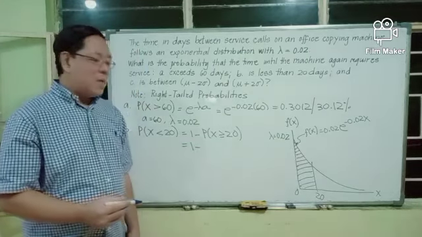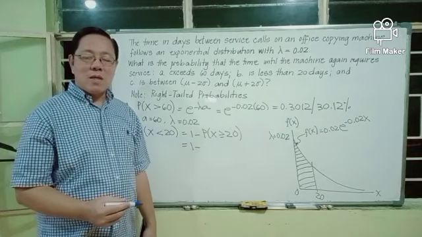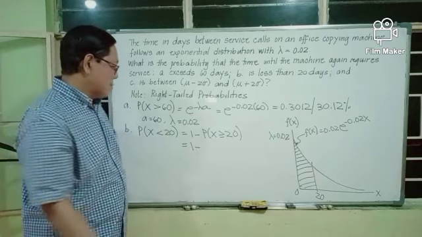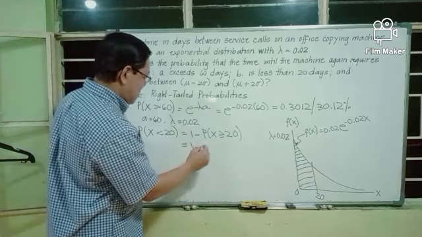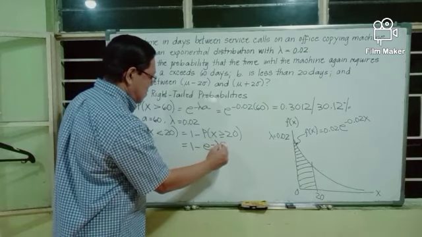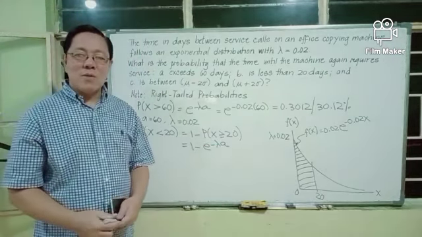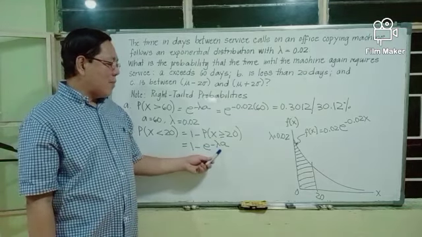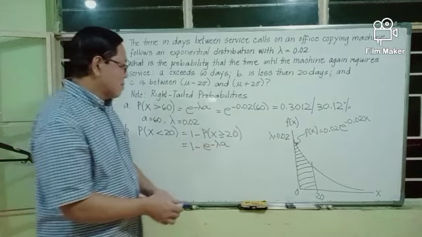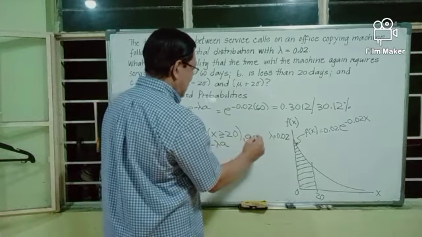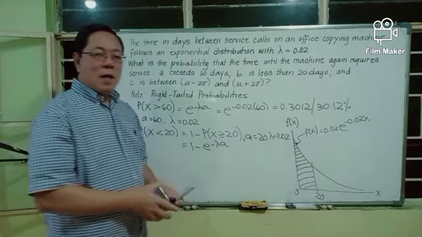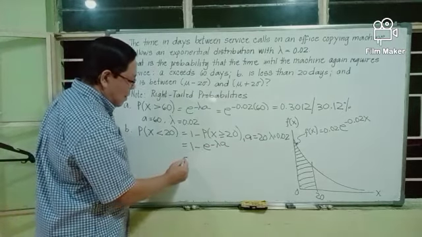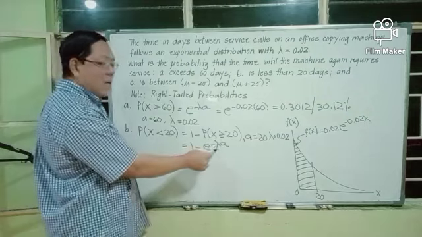By right tail probability, the probability that x is greater than or equal to A is e to the minus lambda A, where A now is 20, and lambda is 0.02. And we substitute the values of lambda and A.